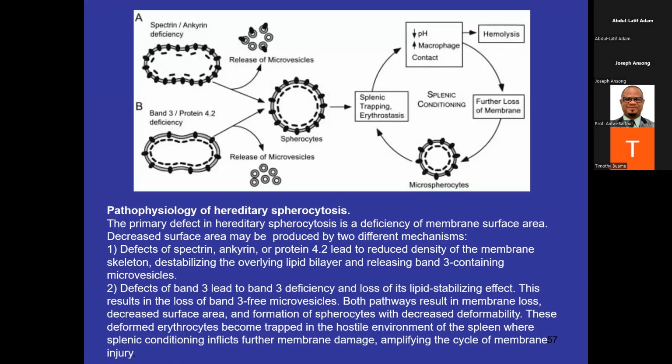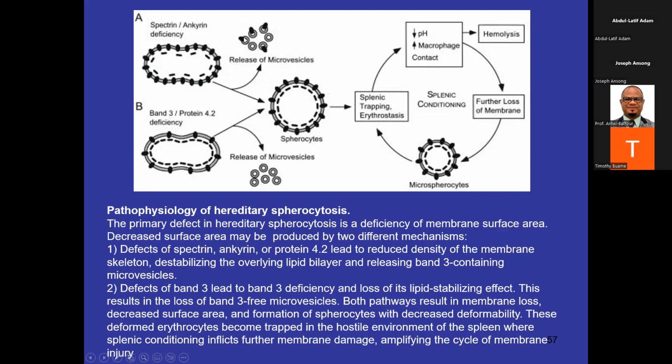And what is happening to the cells? I've already mentioned the defects in the membrane structure that cause these cells to form the shape that we have. And one of the things that can happen is release of microvesicles. When they release microvesicles, the membrane is shortened.